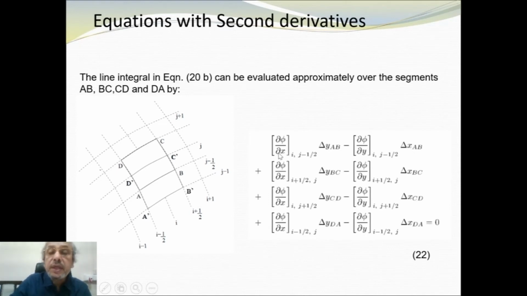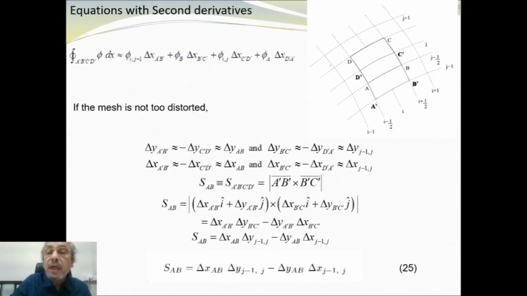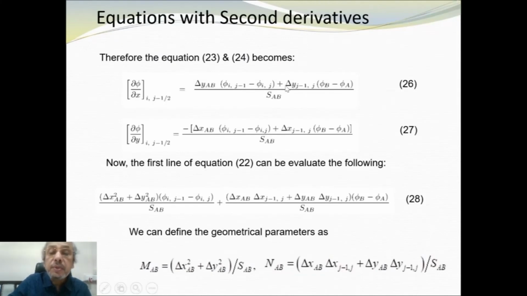So these two quantities we have; so long we have spent our time in finding out these two terms. Now we have to multiply these two terms with delta y and delta x. So we'll come to equations 26 and 27.